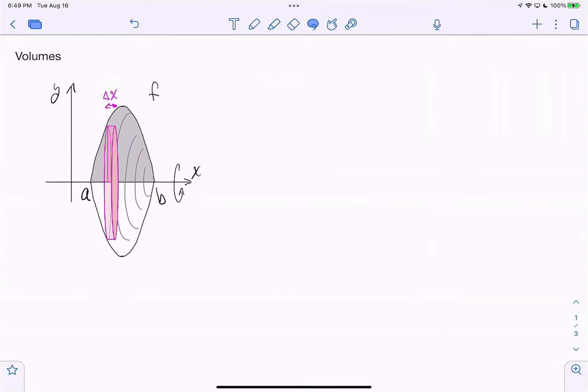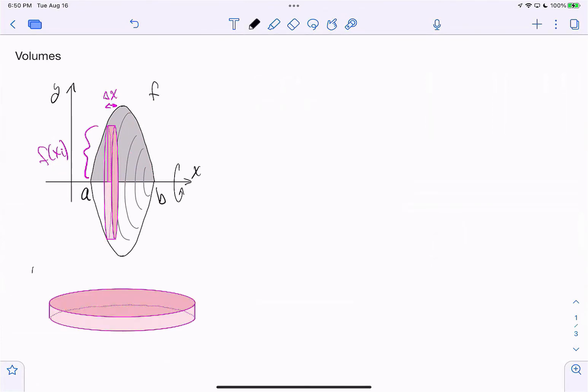Now, the radius of this disk is the height of the function, say f of x sub i. And just as we thought about adding together the areas of a bunch of rectangles to come up with the area under a curve when we first saw integrals, we're going to be looking at adding together the volumes of a bunch of these disks to form the volume of the solid.